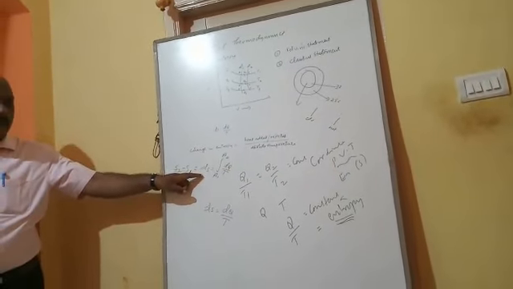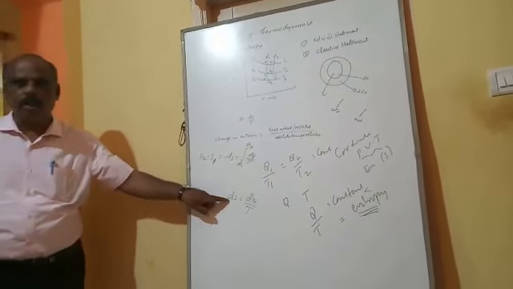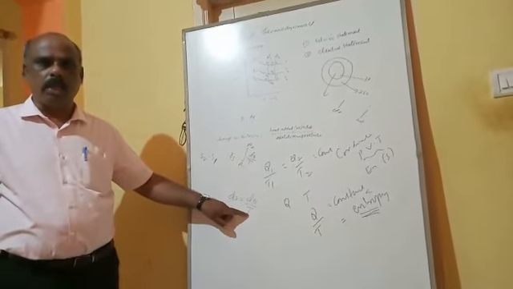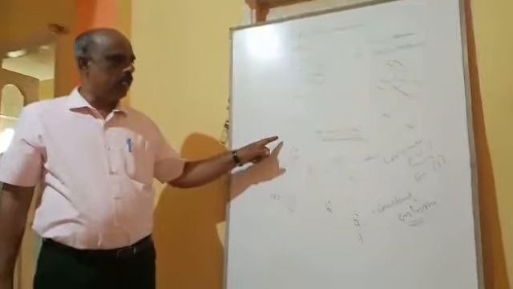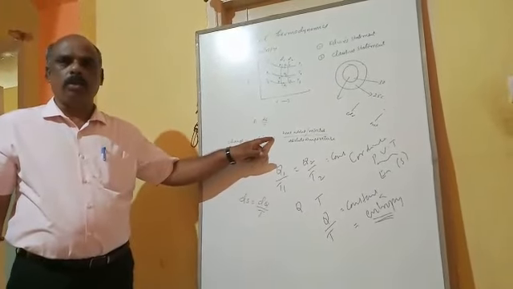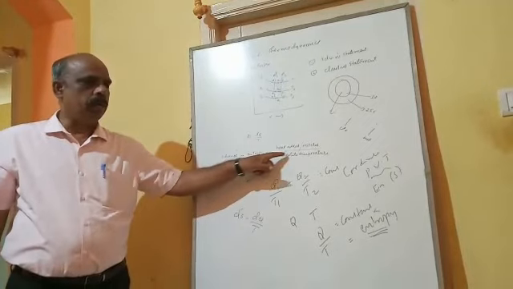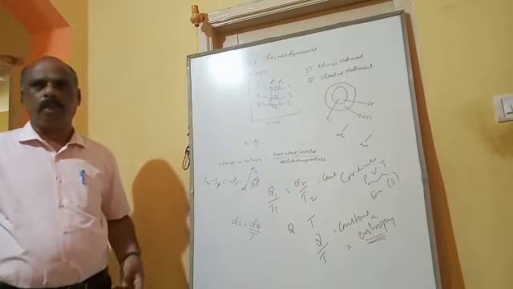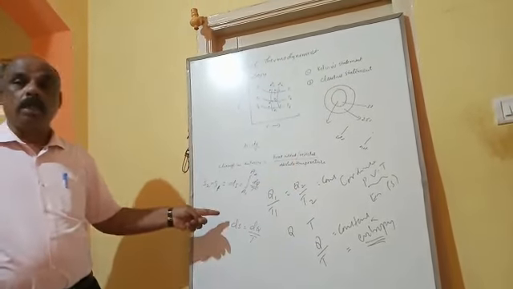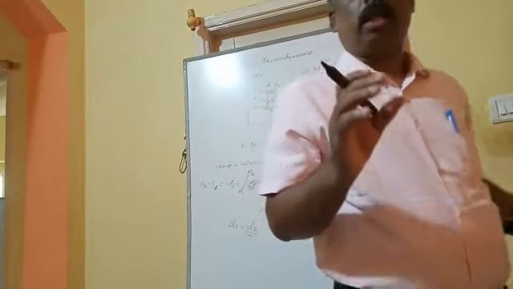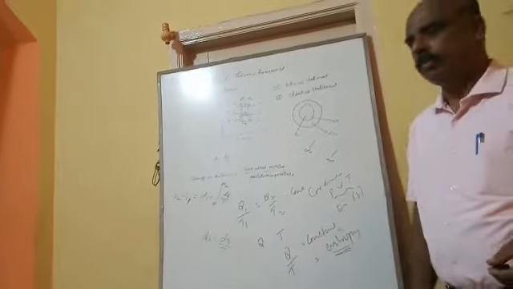They may frame a small problem on this equation, dS is equal to dQ divided by T, that is, change in entropy is equal to heat added or rejected divided by the absolute temperature. Like that, you can give the description of entropy for a thermodynamic system.